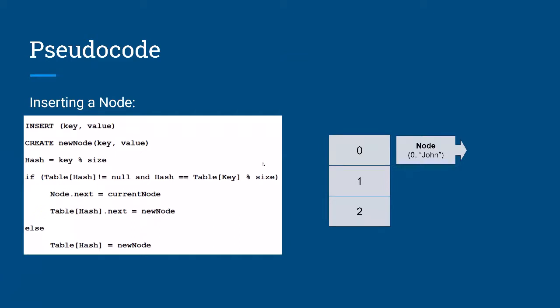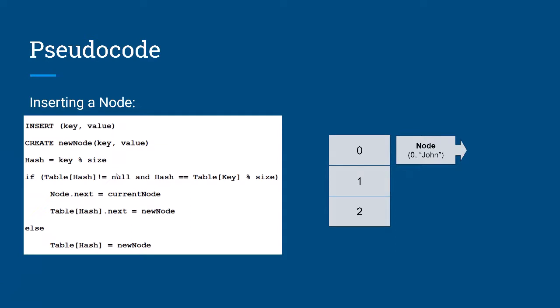So the pseudocode for insert will be expecting a key and a value, and the hash is going to be the location of where it's going to be placed.